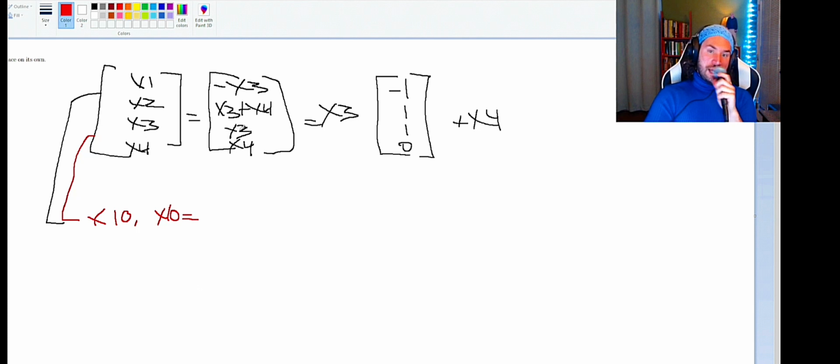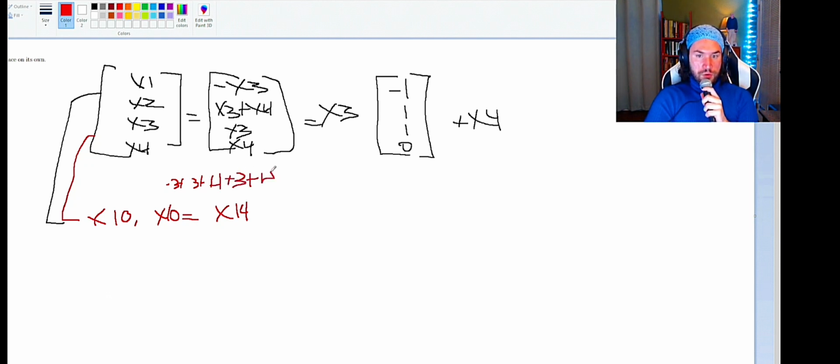But then we add X3 and X4. So negative 3 plus 3 plus 4 plus 3 plus 4 equals X14.